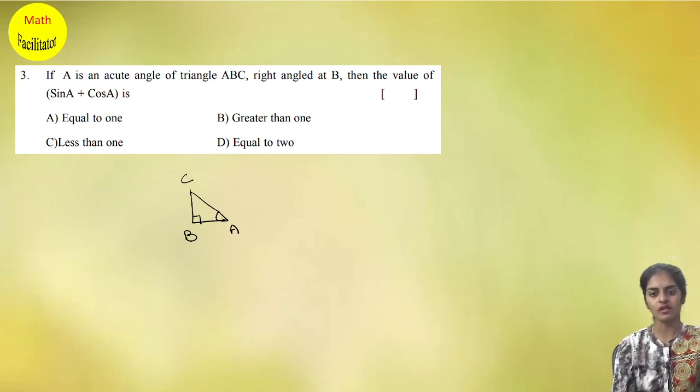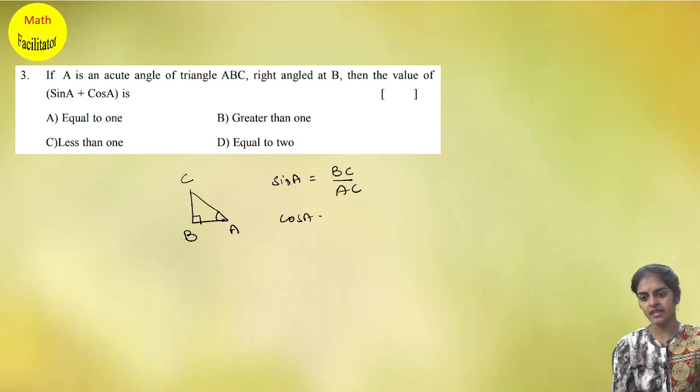Sine A plus cos A, what will it be? So see here, what is sine A? Sin A will be equal to opposite side BC by hypotenuse AC. Now cos A will be equal to adjacent side AB by hypotenuse AC. So sin A plus cos A they want.